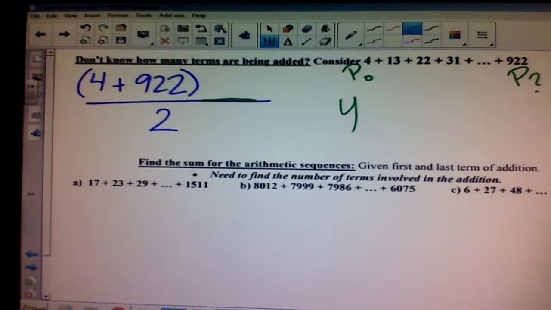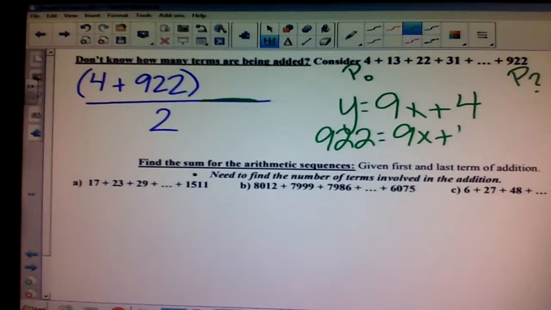But I can use y equals, my slope here is 9x plus 4. They don't tell me what my x is, but we know that my y is 922. So I can plug in 922 and solve for x. I subtract 4, so 918 equals 9x. Divide by 9, so x equals 102.